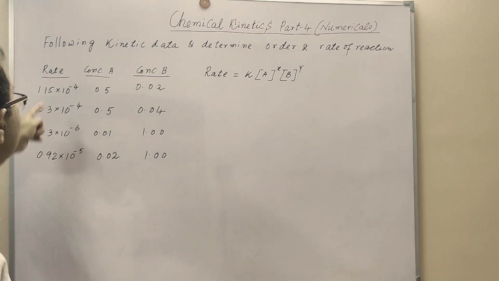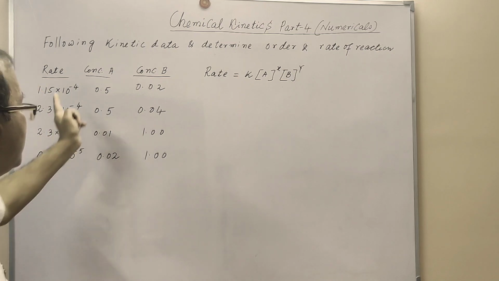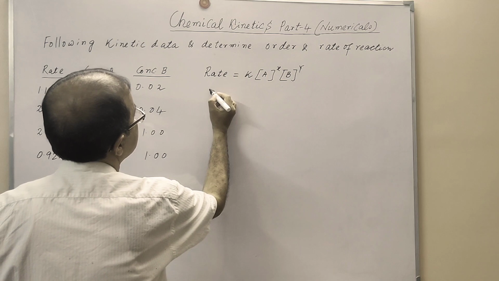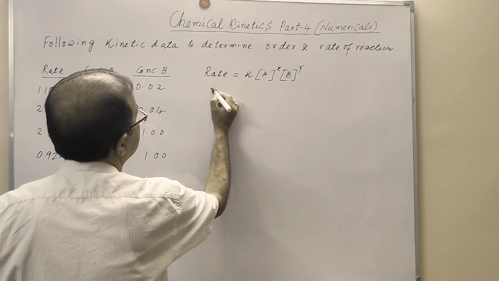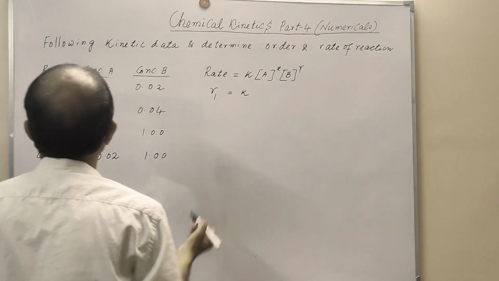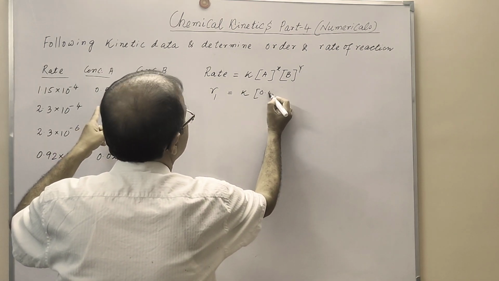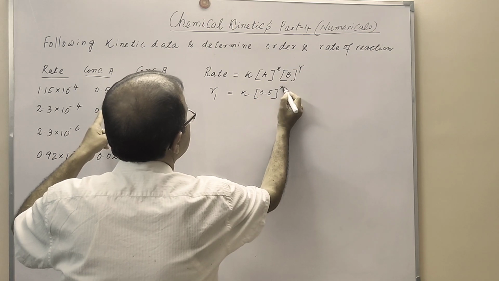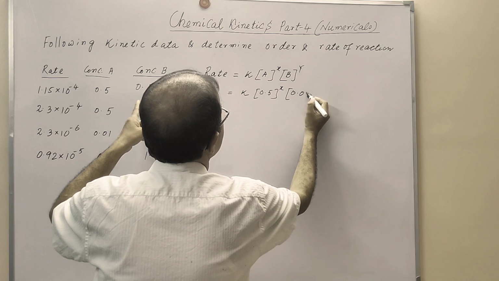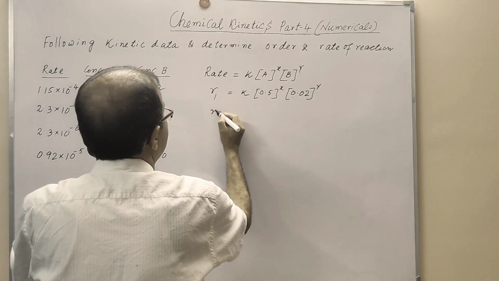So in this case we can see that 4 rates have been given for these A and B. With the help of these rates we can write R1, that is k into concentration 0.5 to the power x, concentration 0.02 to the power y.